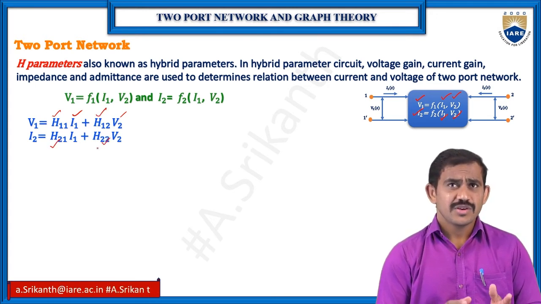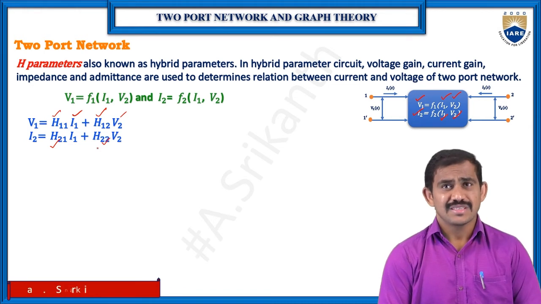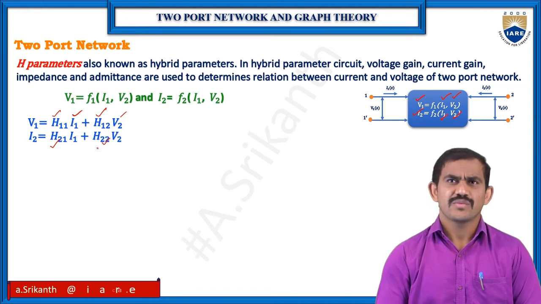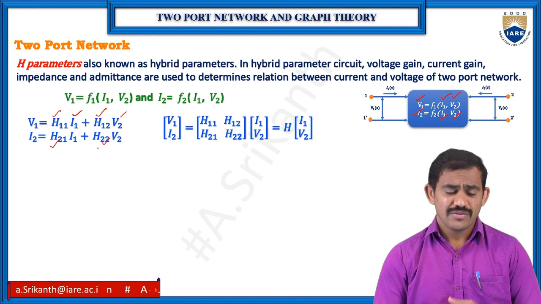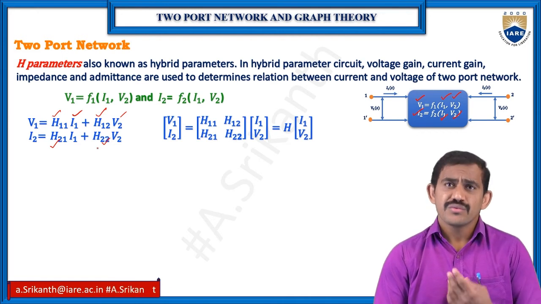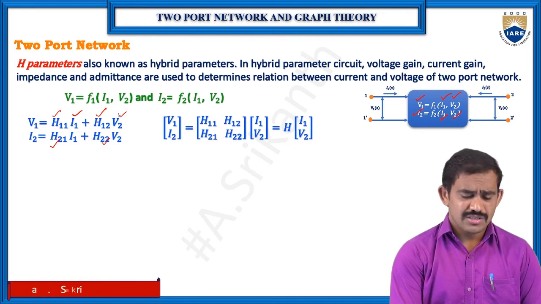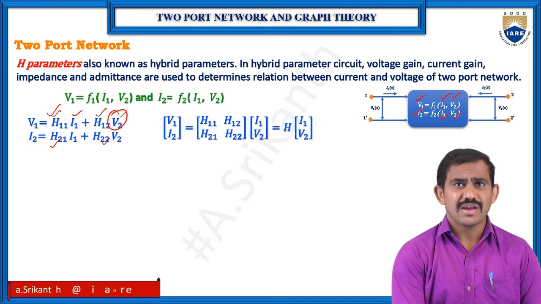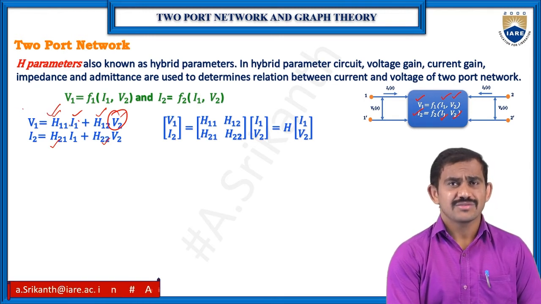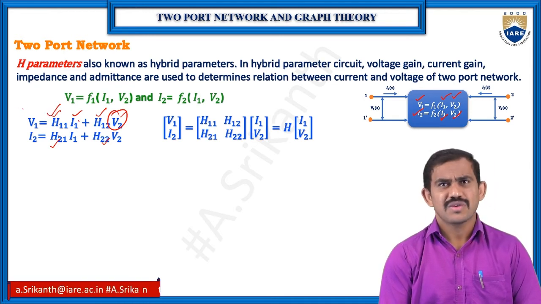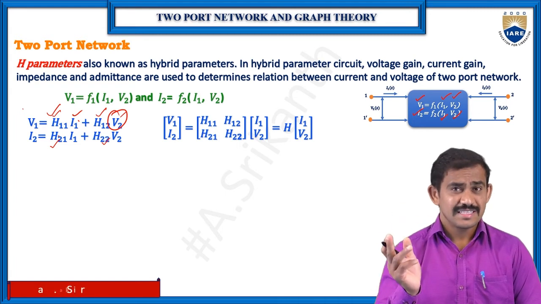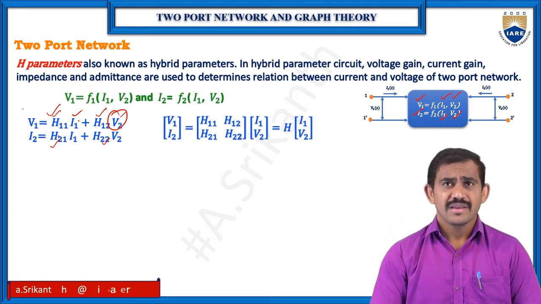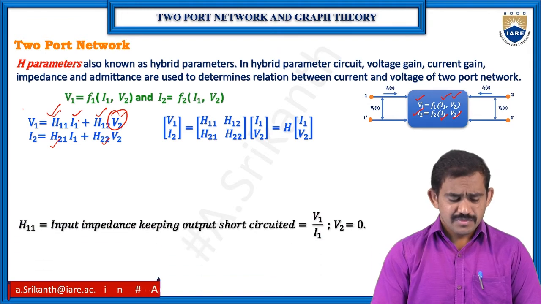So this is about the H parameters equation, and you can write this equation in matrix form. And if I want the H11 value, V2 is 0, I can get the H11 value, that is V1 by I1. So V1 by I1 is nothing but your impedance value, same as your Z parameters value. Okay, I observe one by one.